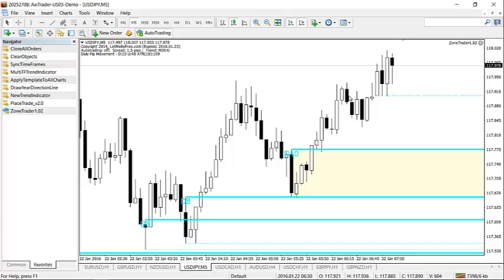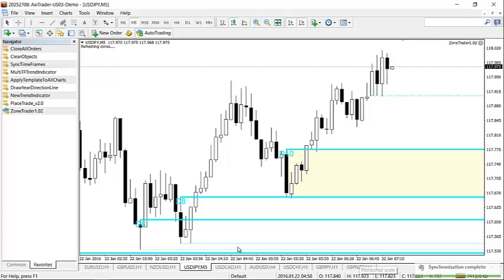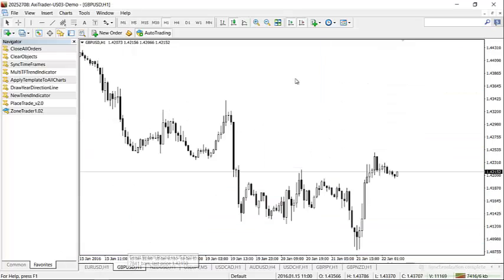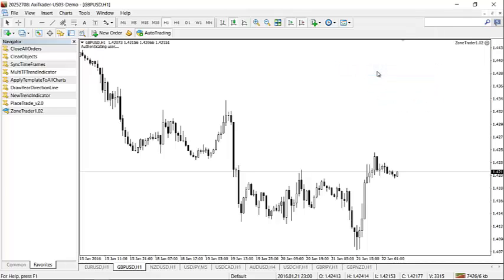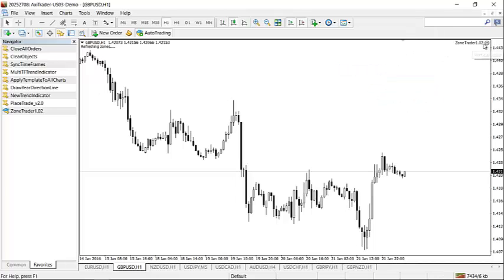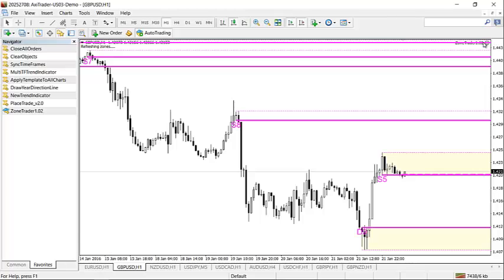There might be a better one to use so that you can actually see where the zones aren't quite so clustered together, and that might give a better idea. So what I'm going to do is go to the pound in this instance, see if that gives anything better. Demo, no criteria. It's my standard template, no counters applied.